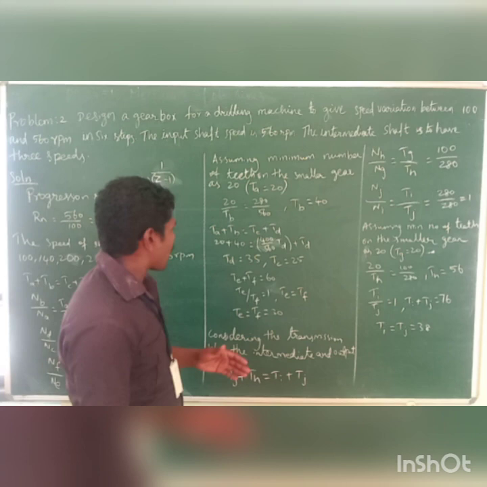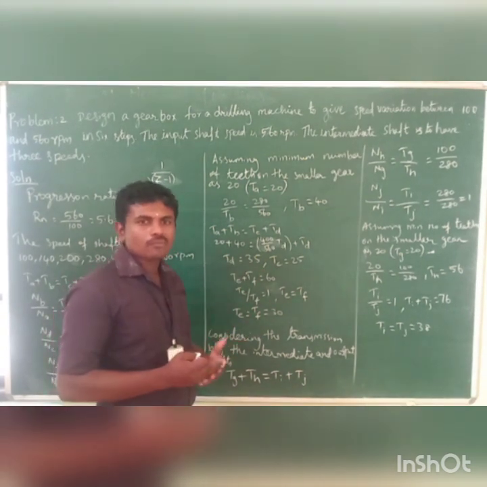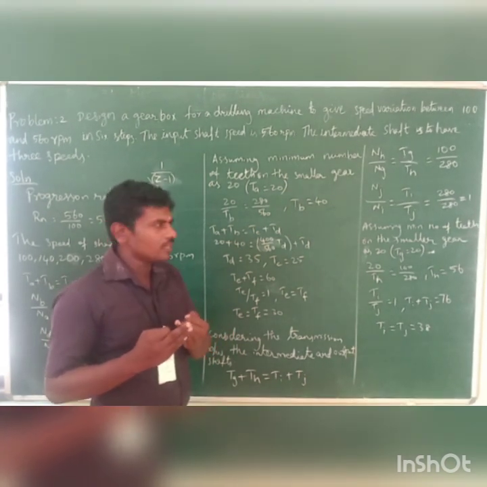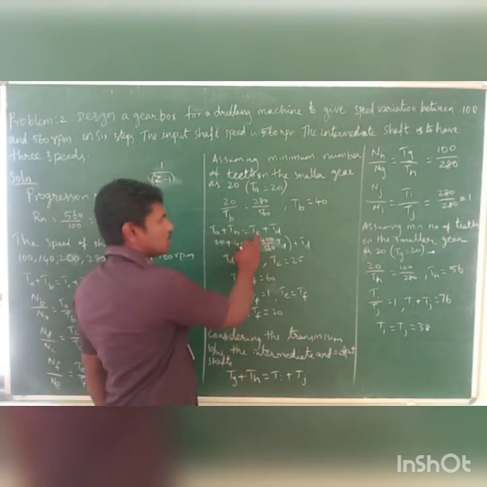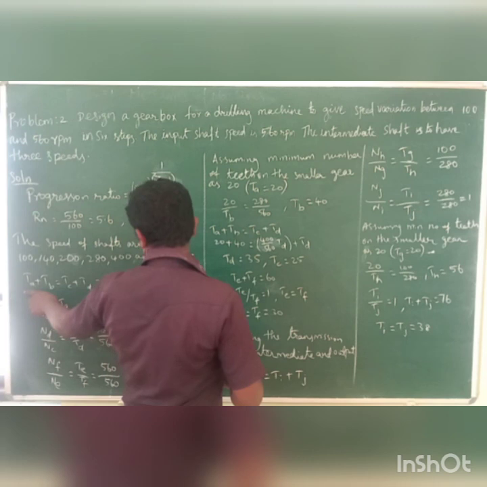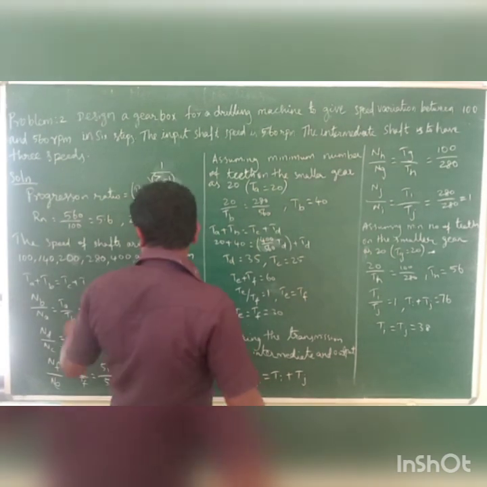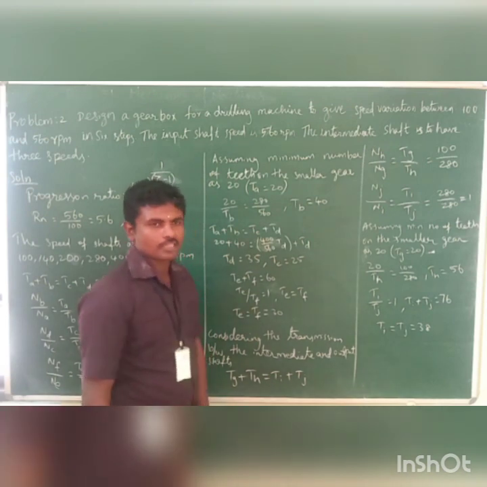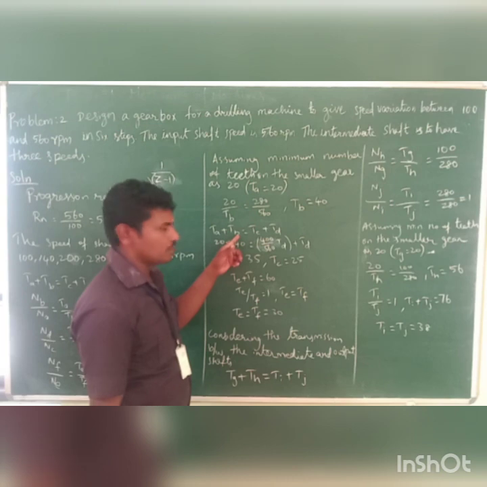After that, I need to find the number of teeth for C gear and D gear. For that, we have the relation TA plus TB equal to TC plus TD equal to TE plus TF. In this, I am going to take the first two relations and equate them. Here we already know the values of TA and TB.